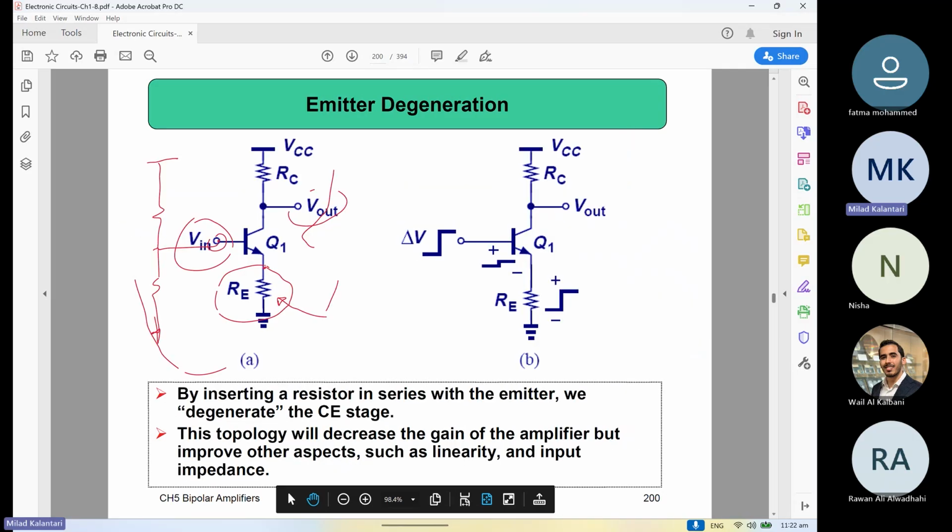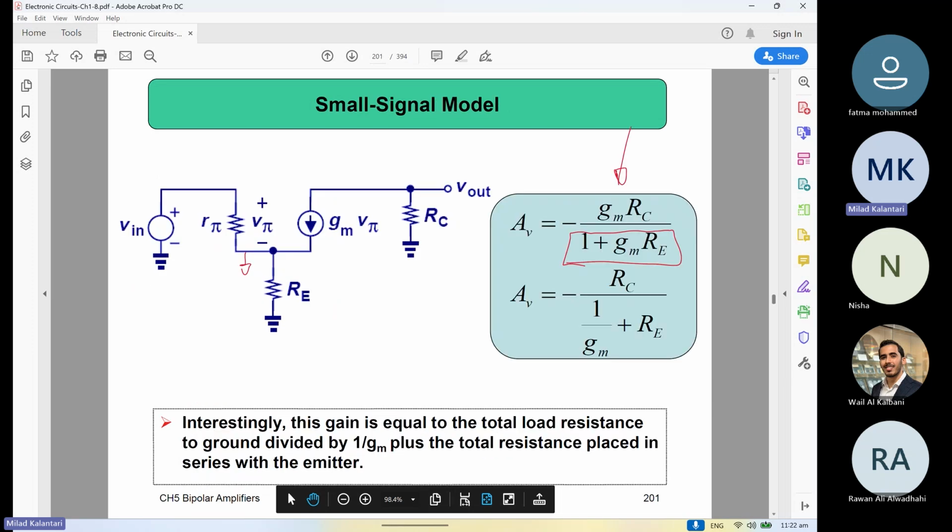This is the reason that we called it emitter degeneration, because it basically reduces the gain, right? The original gain was like this if here was ground. Now, once you added this RE, the gain will drop by this factor.